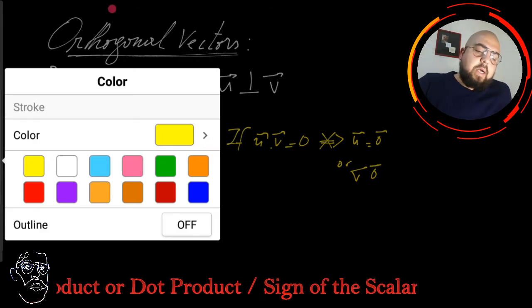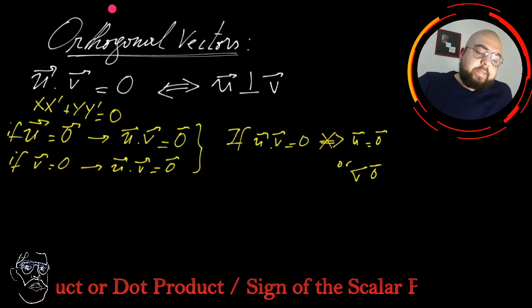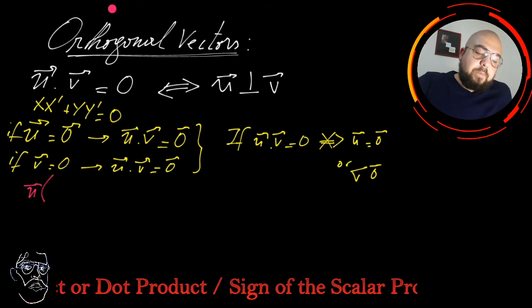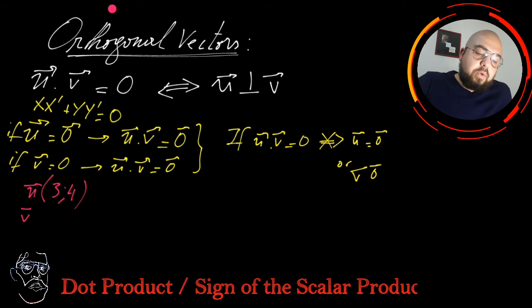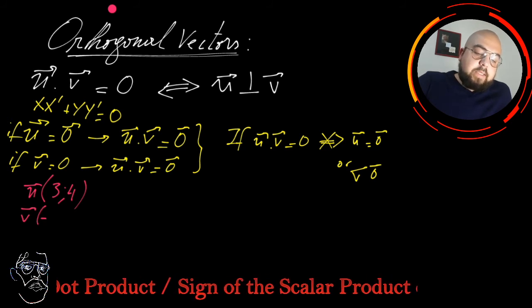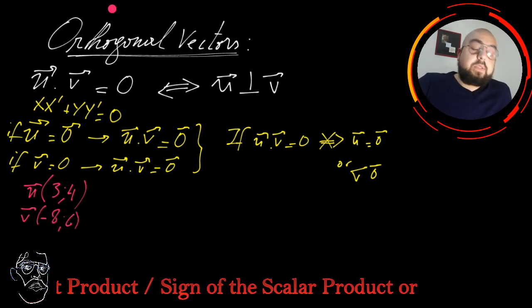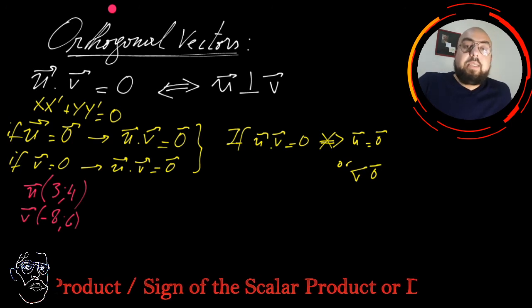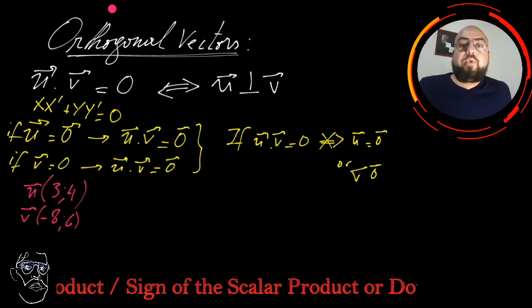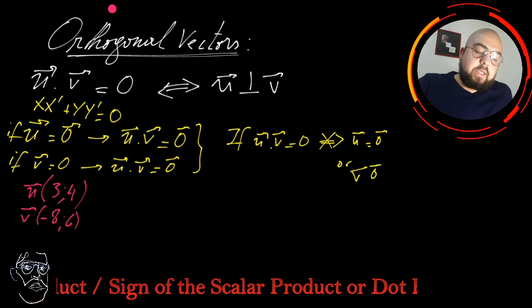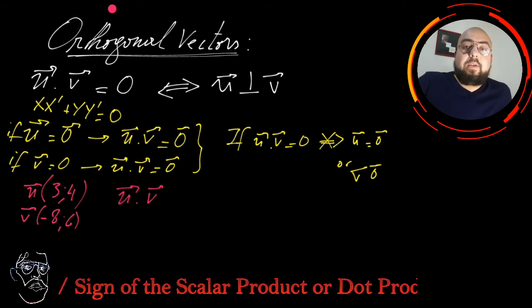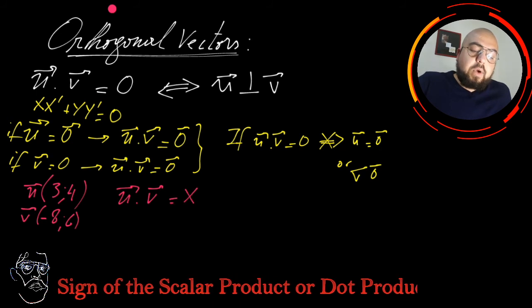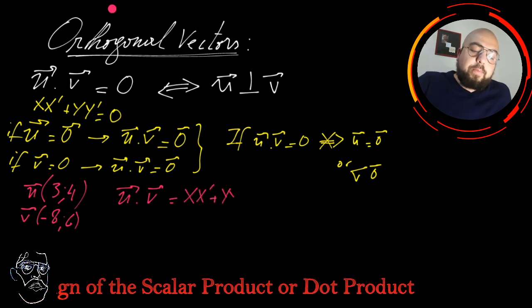I'm going to take a small example. Let's say we have u with its components 3, 4, and v with its components -8, 6. As you can see, both vectors are different than 0, since they have a certain component related to the abscissa and the ordinate. So I'm going to calculate u scalar v by using, of course, the analytical form. So it's x x prime plus y y prime.